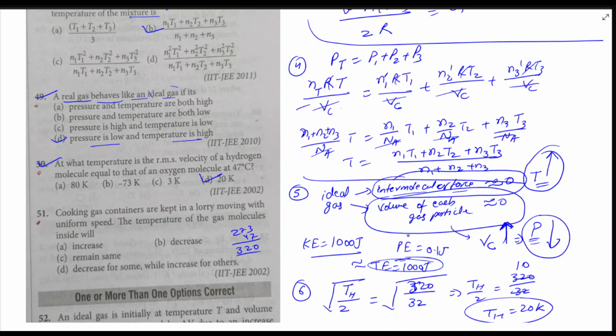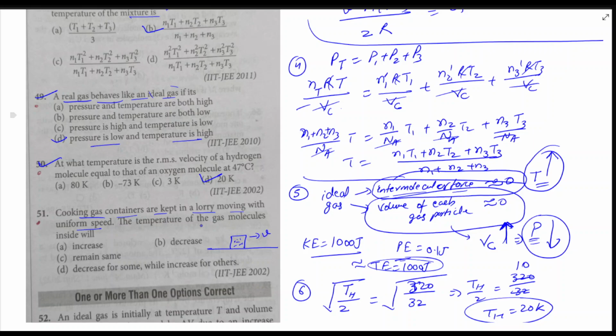Now let's move on to our 51st question. It is saying cooking gas containers are kept in a lorry moving with uniform speed. So this is a container with a gas, and it is moving with speed v.